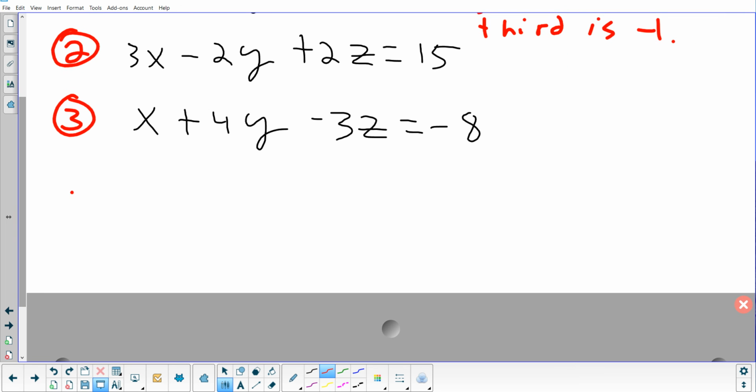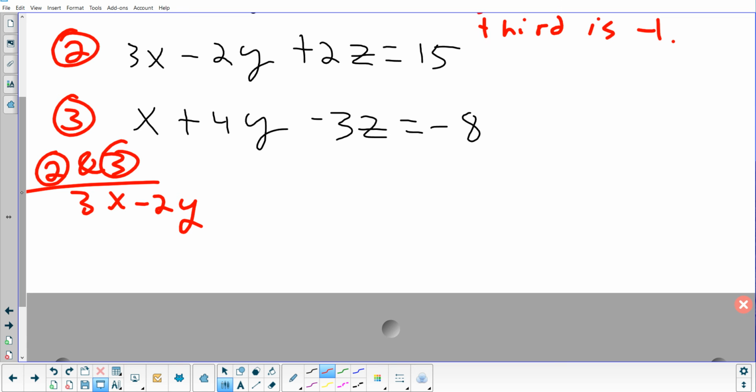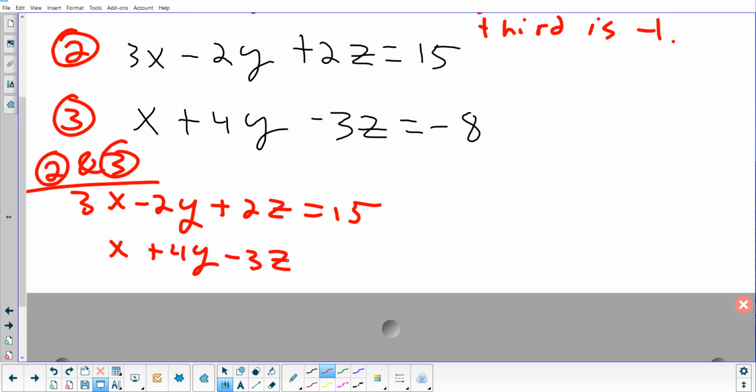All right, so we've got equations 2 and 3. 3x minus 2y plus 2z equals 15. And x plus 4y minus 3z equals negative 8.